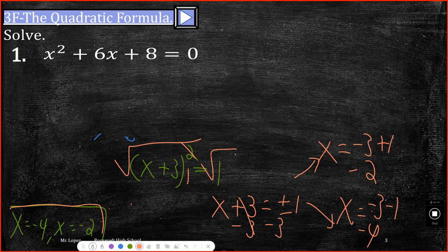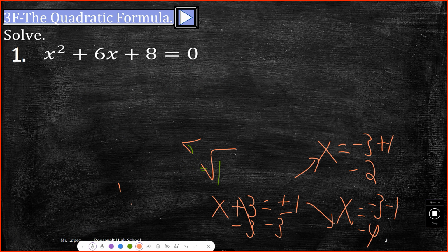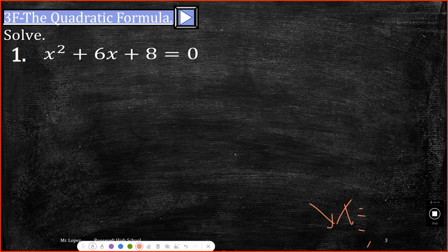So let me give you the master key. Here's the master key. But the problem is, even when I give you a master key, you don't even know how to use it. People tell you the master key. Have you heard of the quadratic formula?